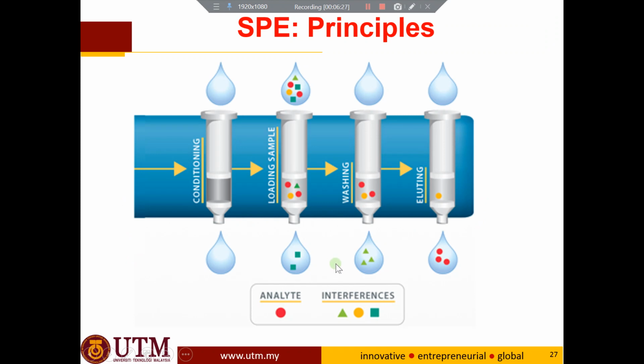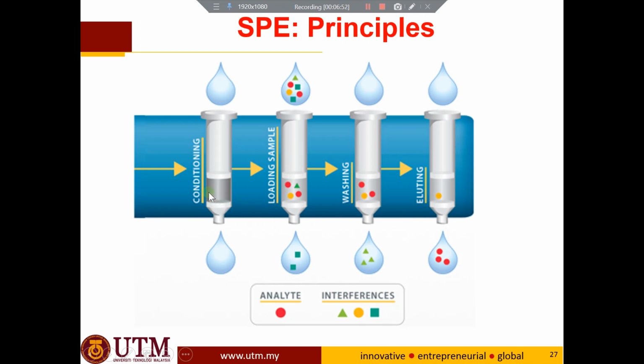In the SPE principle, we have four steps. The first step we call conditioning, where we prepare our particle over here to absorb our analyte. So we activate the particle, or we prepare our particle.